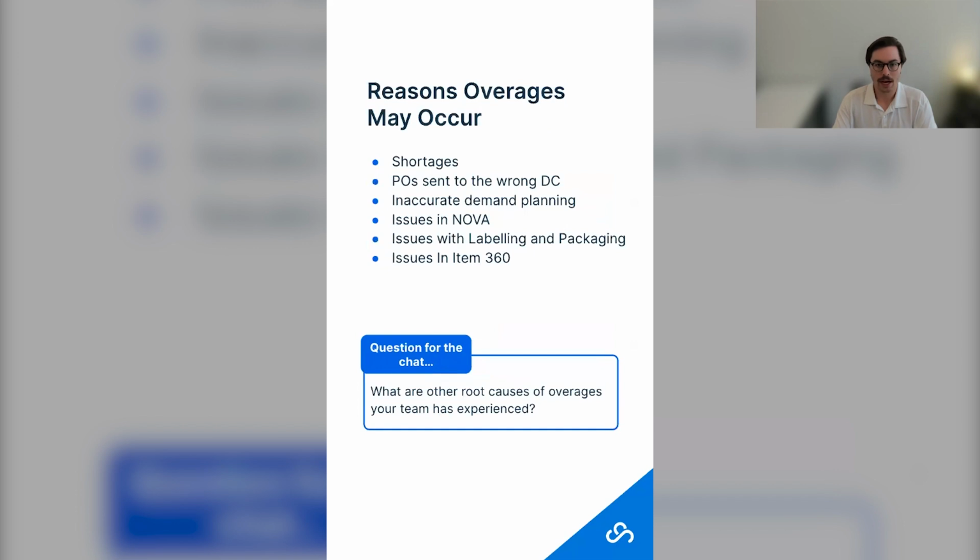Let's move on from that. A few other reasons that overages might occur. One of those being shortages, like we mentioned, sending POs to the wrong DC. That can happen as well. Inaccurate demand planning, issues with Nova, the order management system, labeling and packaging, in which the receiving teams might have a little bit of confusion on how to receive certain items or pallets as they get to the DC, and then possibly an item setup issue within Item 360.